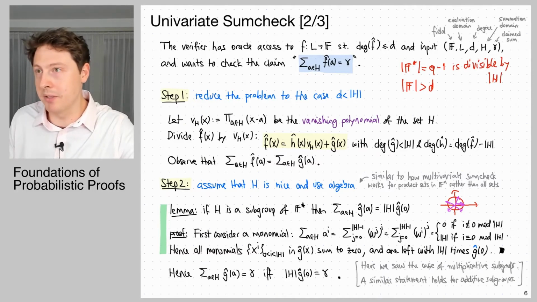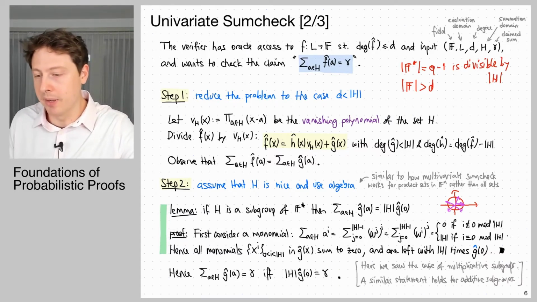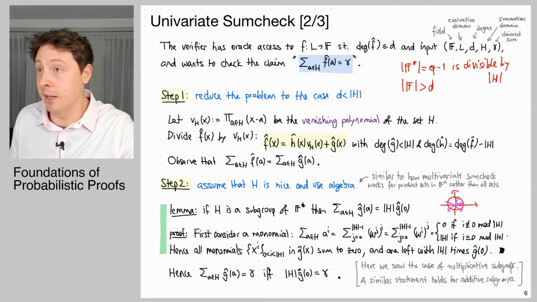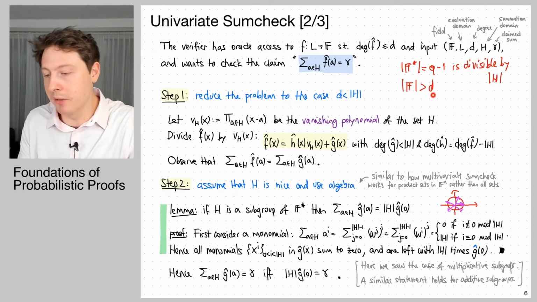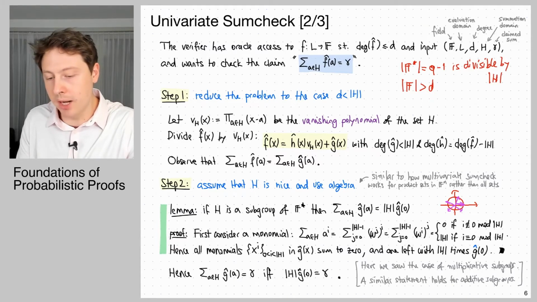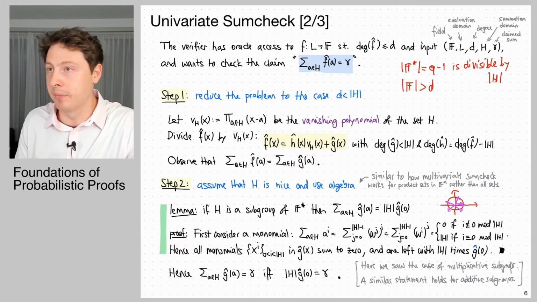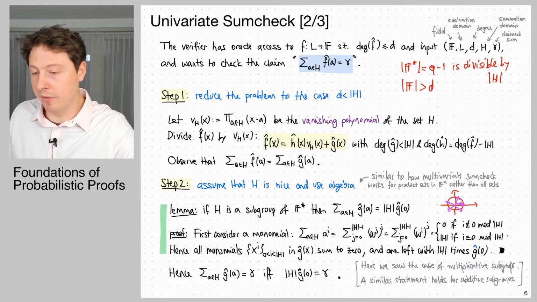Namely, the subgroup has an allowable size, which means that it divides the order of F star, and the degree fits inside the field. I don't think I'm using anything else here. In particular, you could have H being small relative to D, or you could have H being larger than D, in which case the quotient here would be 0. So either of those is fine.